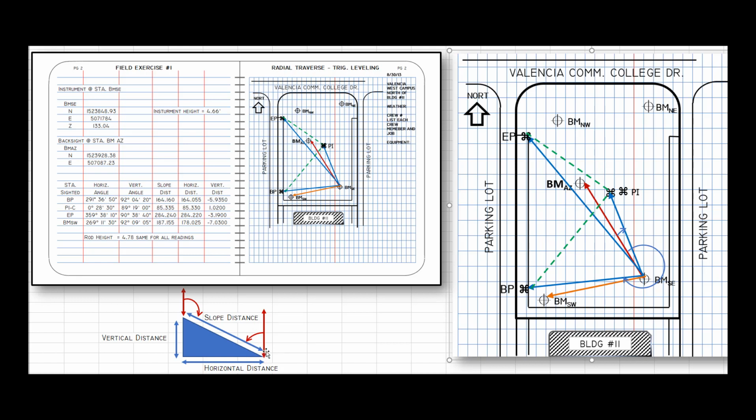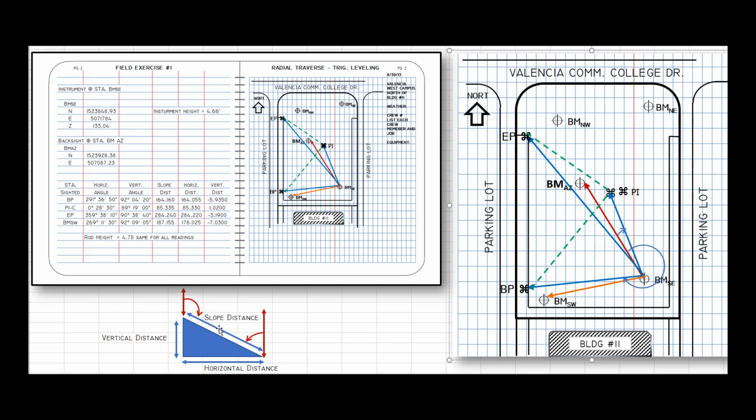If it was 90 degrees, it would be horizontal, from this red line to this blue line. So again, if I'm looking downhill, my vertical angle is going to be greater than 90. If I'm looking uphill, the vertical angle is going to be less than 90.